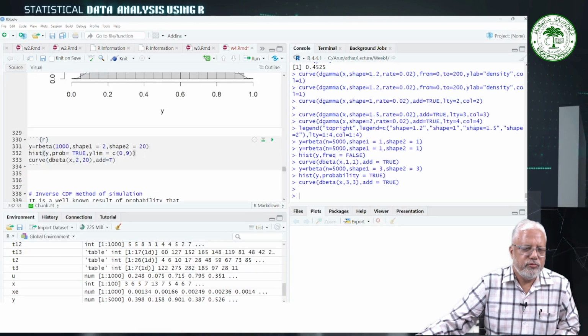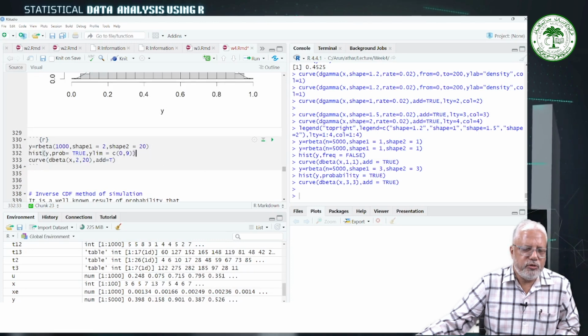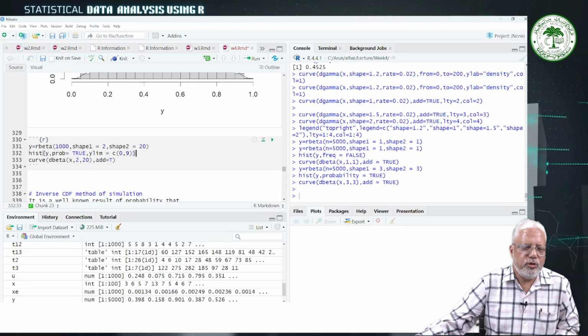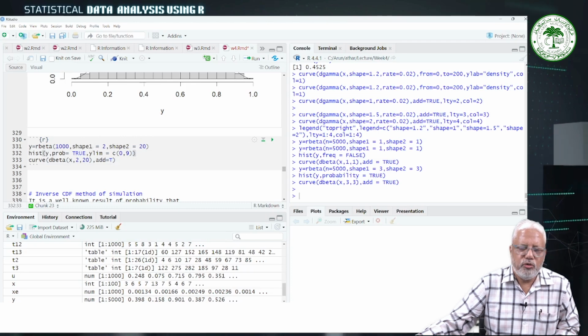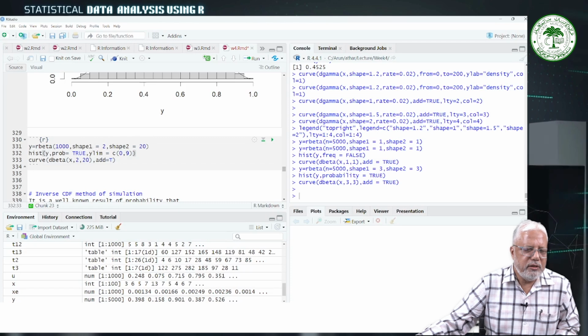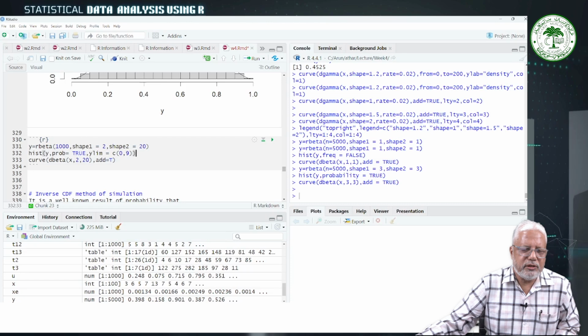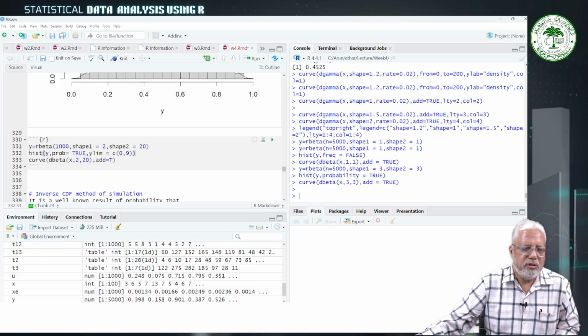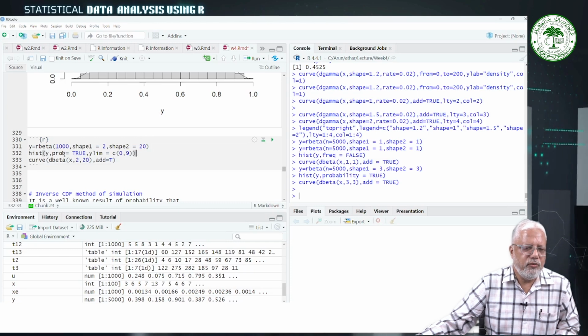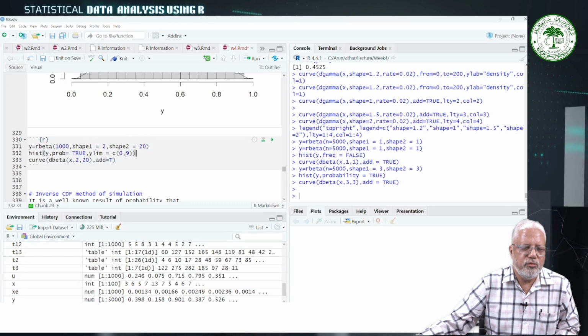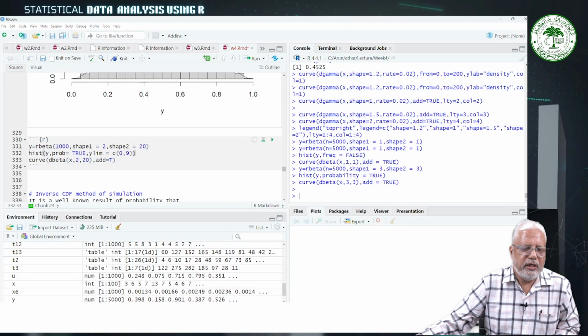Now I am going to simulate shape 1 equal to 2, but shape 2 equal to 20. Because here they are not the same, it will generate a skewed distribution, and here hist with y prob equal to true, ylim equal to c(0, 0.9).